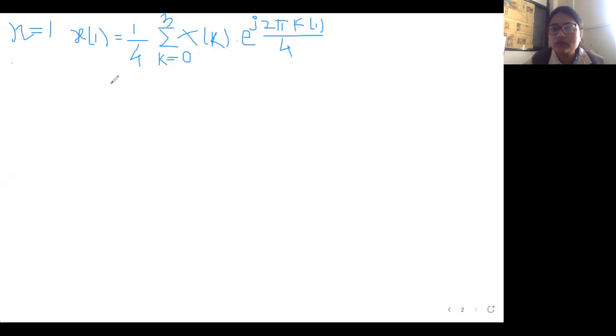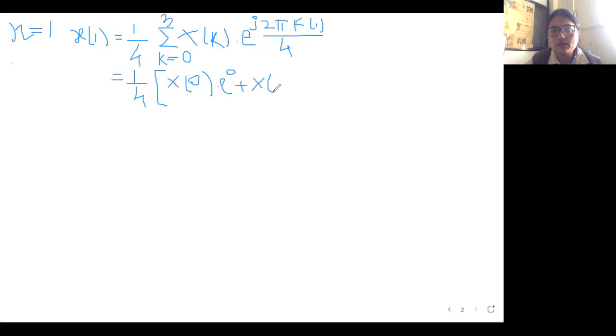Now we will substitute the values of k further. So this equation is now going to be 1 by 4 into the bracket. The first value of k is 0, so we will write here x of 0 e raised to j 2 pi into k is 0, so this is directly e raised to 0, plus the second value, k is equal to 1.